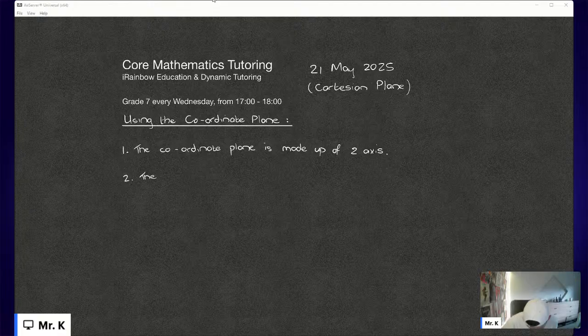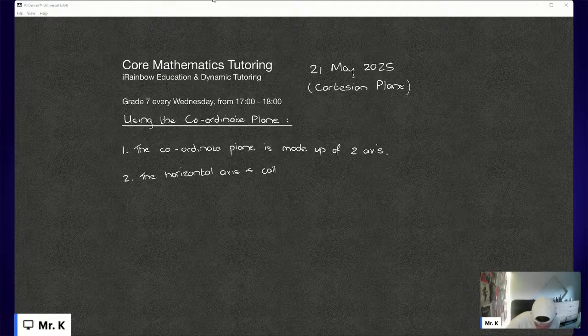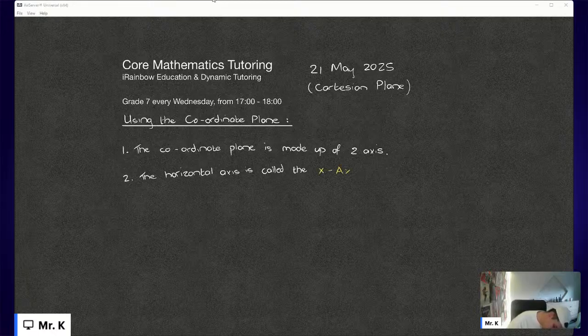The horizontal axis is called the x-axis. Okay, you need to remember this. Your teacher does not have to point this out in your test or exam.